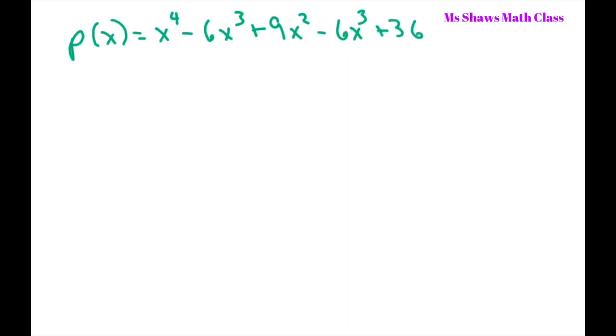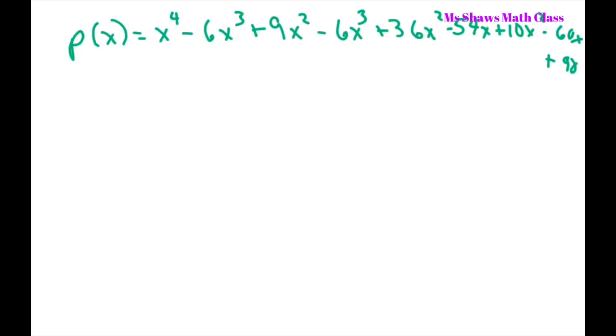So let's see if you come up with the same thing I do. I have p of x equals x to the 4th minus 6x cubed plus 9x squared minus 6x cubed plus 36x squared minus 54x plus 10x squared minus 60x, and then we have plus 90.